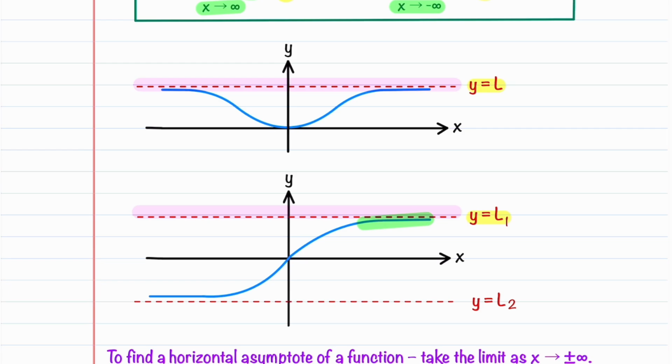And then the other asymptote arises when x approaches minus infinity, and it's given by the equation y is equal to L2. One function that behaves just like this and is used in a lot of applications is the inverse tangent function. You may remember studying that back in trigonometry.